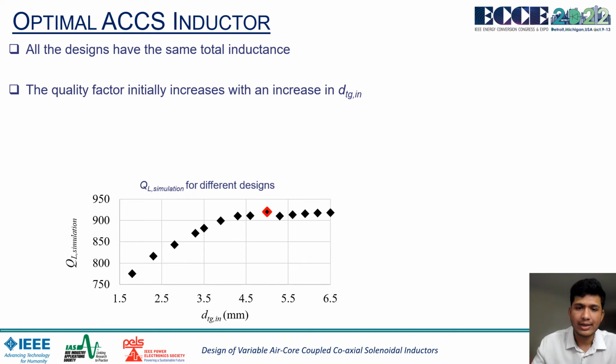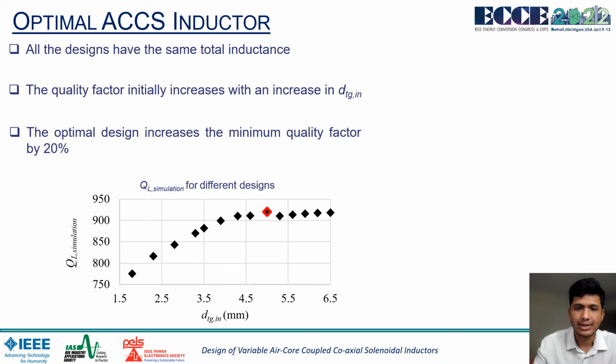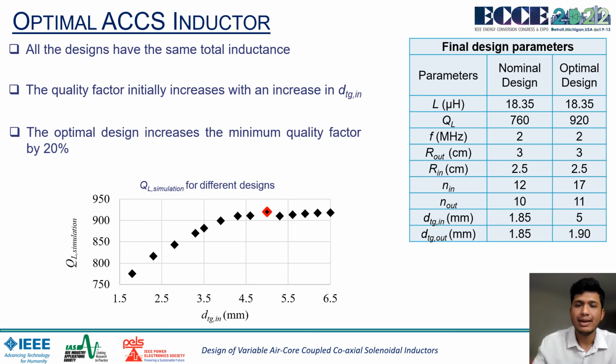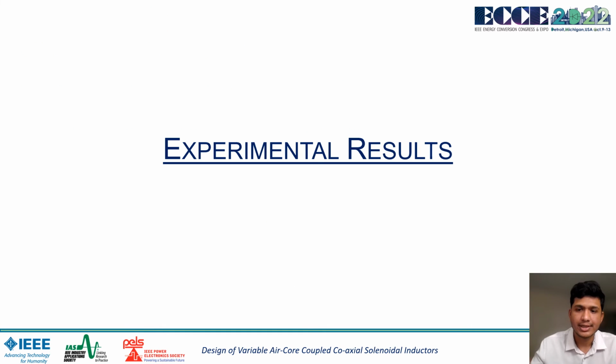However, the one marked in red has the maximum quality factor and is called the optimum design. The optimum design increases the minimum quality factor obtained by the nominal design by almost 20%. The parameters of the final design are mentioned in this table. In the next section, the experimental results are presented.